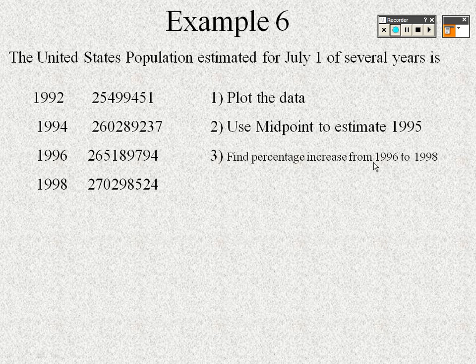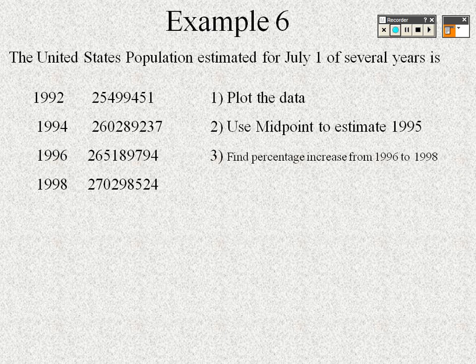The percent increase, we need to find out how far it went up. So you're going to take these two numbers and subtract them. I'm just going to do that here quick on my calculator. We get 5,108,730.